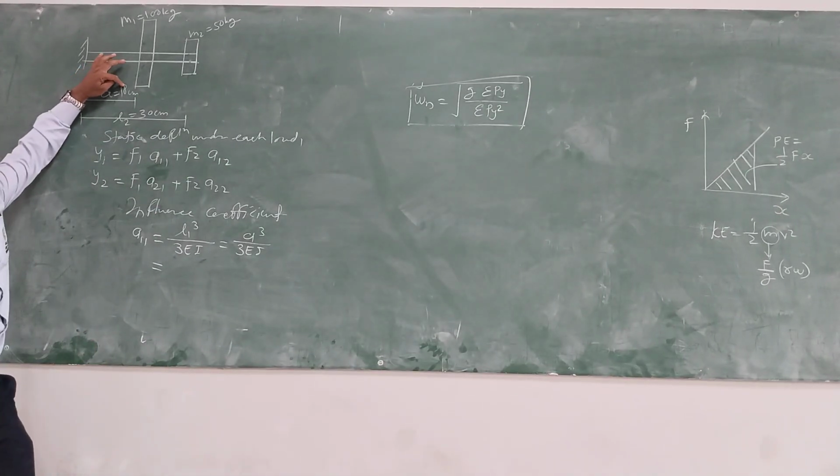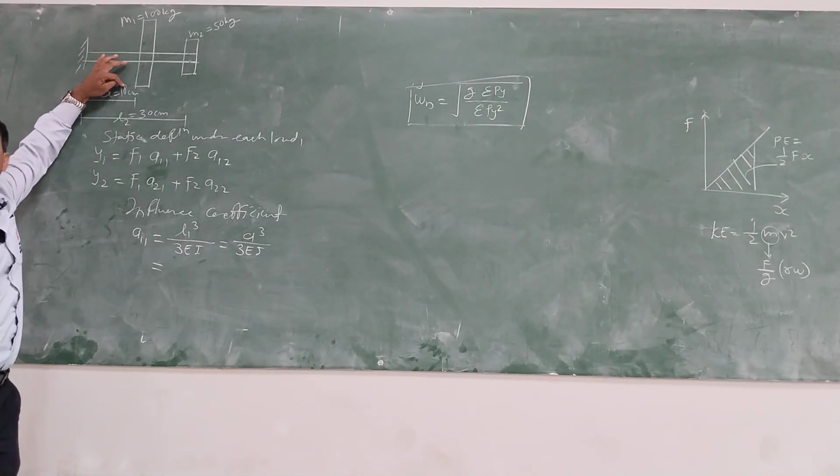L is 18 centimeter. We will require all the values in meter. So convert 18 centimeter into meter. 18 centimeter means 180 mm, so 0.18 meter.